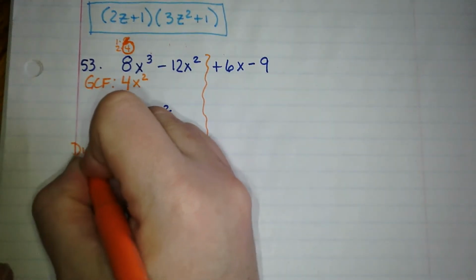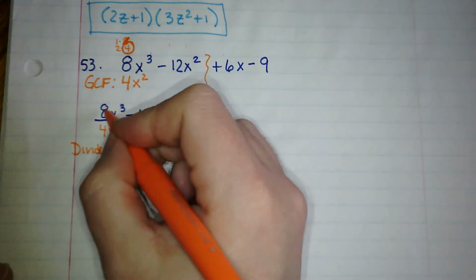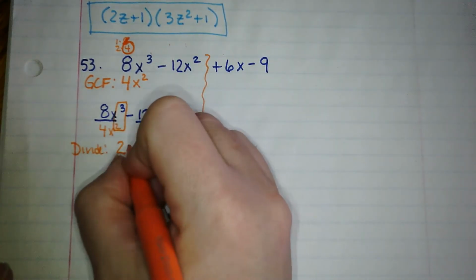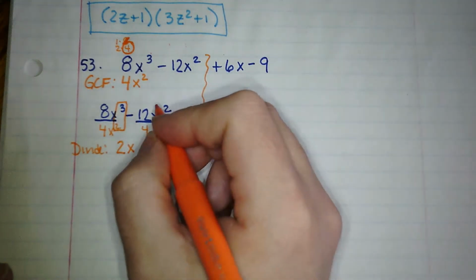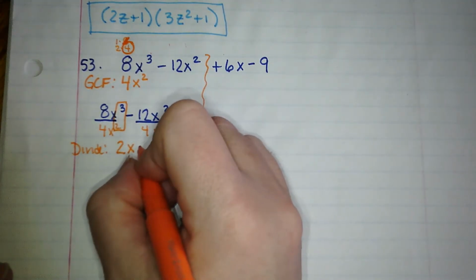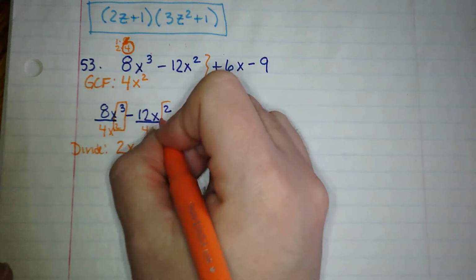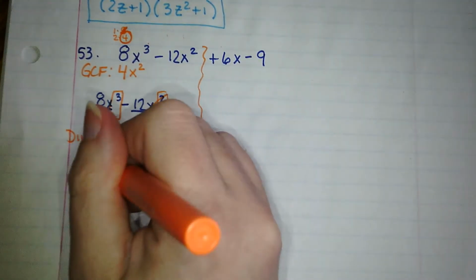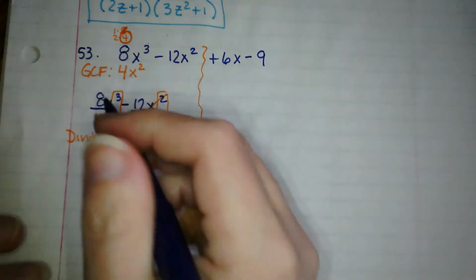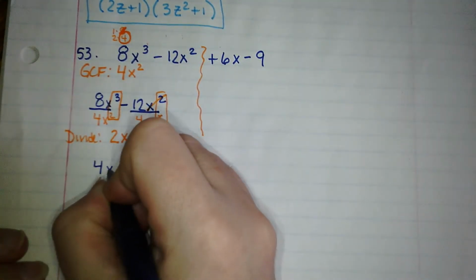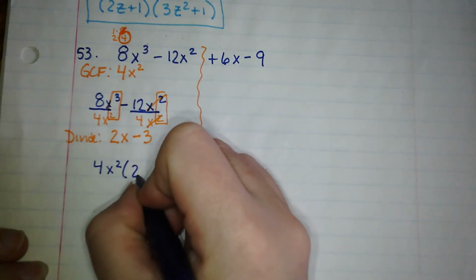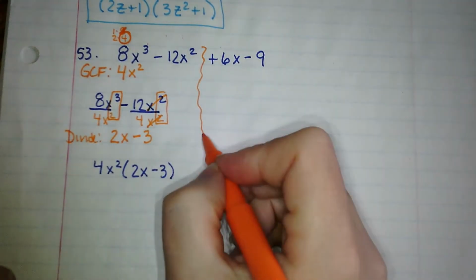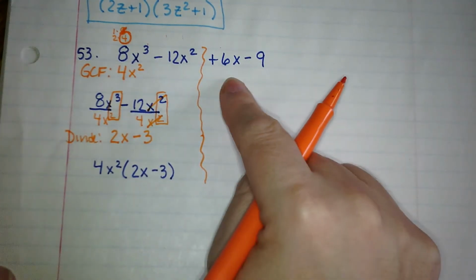So when we divide, 8 divided by 4 is 2, and subtract the exponents, you get x to the first. 12 divided by 4 is 3, so that's a minus 3, and 2 minus 2 cancel. So this one starts with 4x squared, and in the parentheses, 2x minus 3. Now we have to GCF the right side.